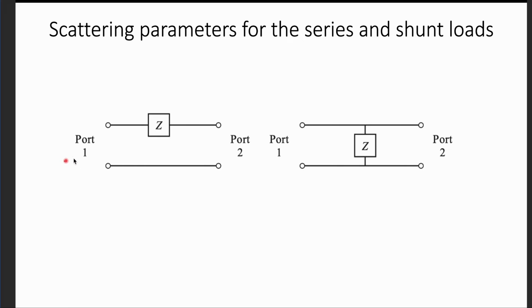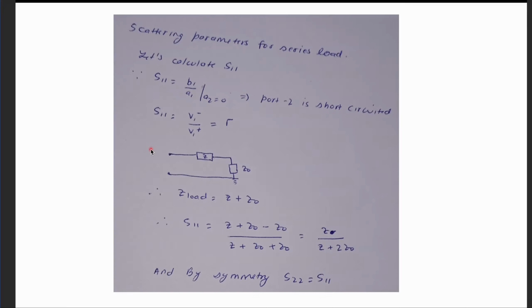So you have two ports here, which have Z0 impedance, and here again you have a port which is again Z0 impedance, and then you need to calculate the scattering parameters. Maybe, as you said, I can first go through the first part where you have some series load here. First of all, when you are talking about the S parameters, if you need to find S11, you will call it B1 upon A1 with A2 equal to 0.